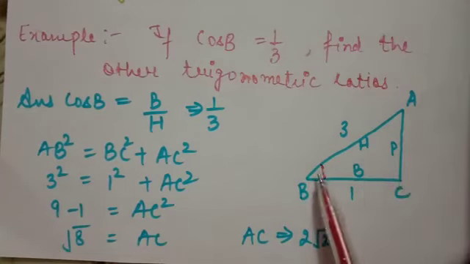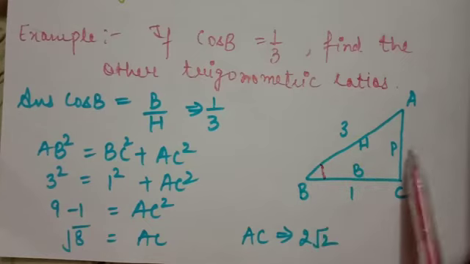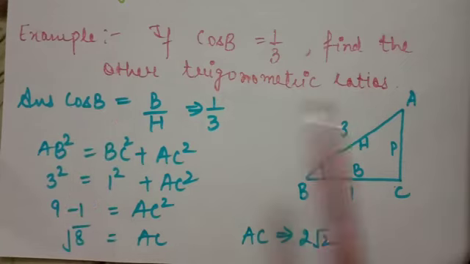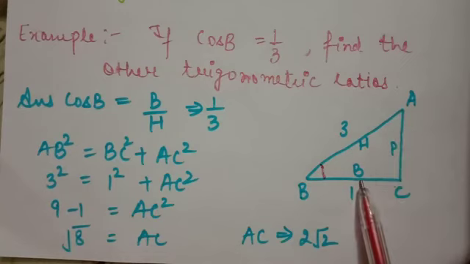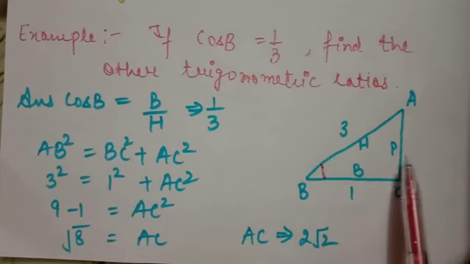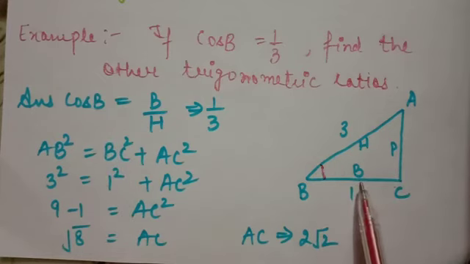AC is present opposite to angle B. So AC is definitely the perpendicular. If we had cos A, then the side opposite to angle A is BC, so BC would be the perpendicular. Now we have angle B, so AC is the perpendicular and the second one is the base.